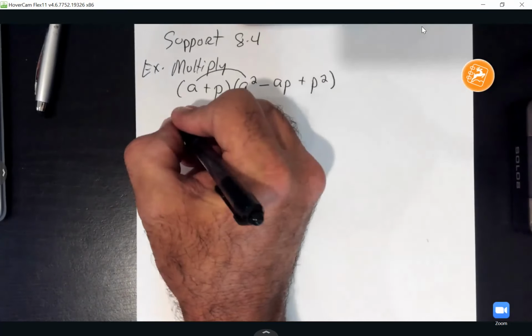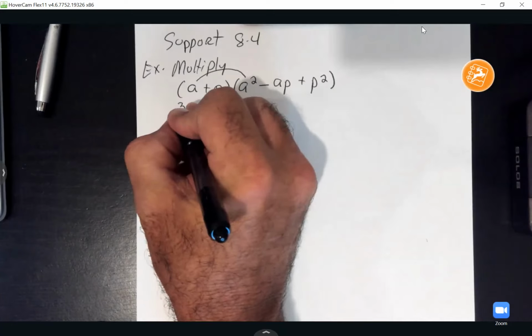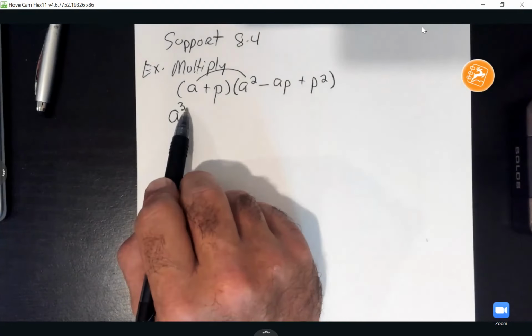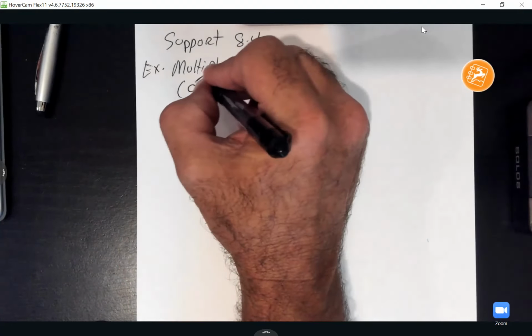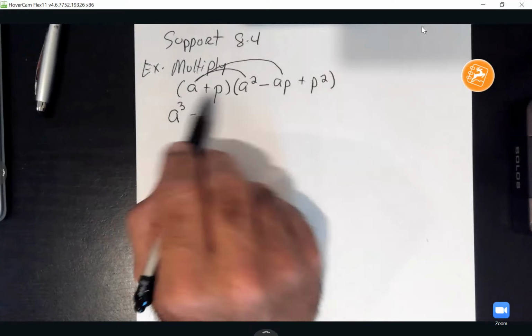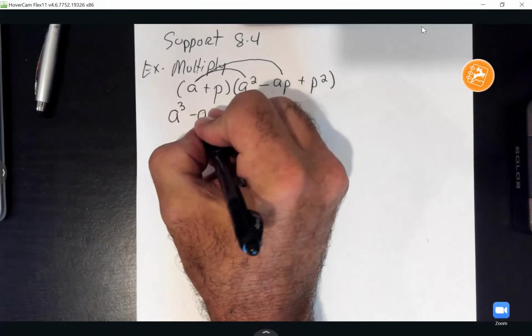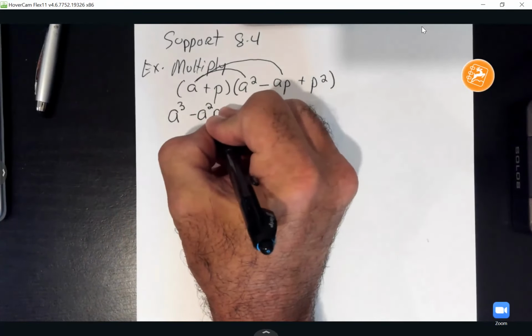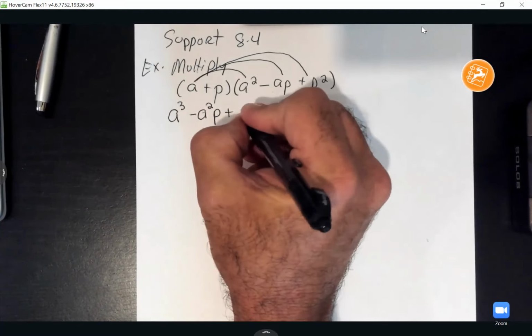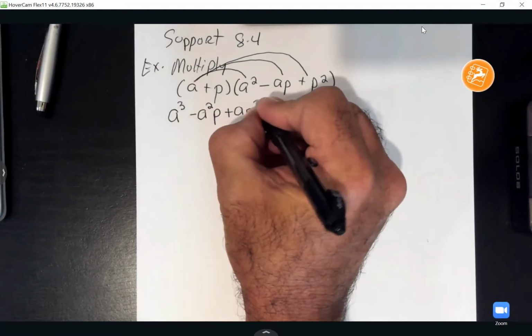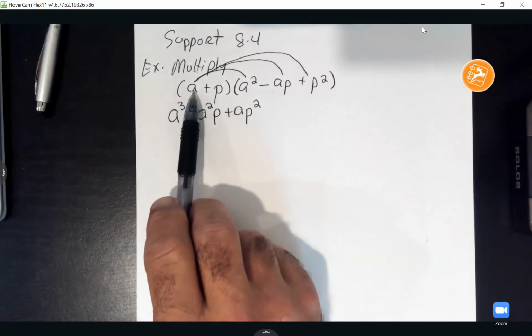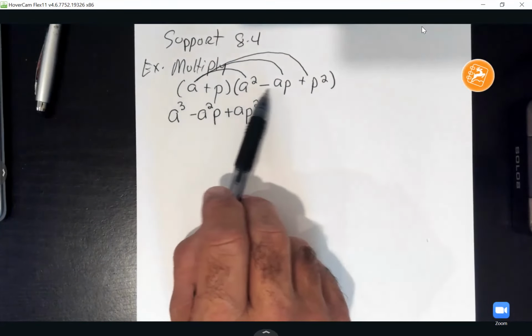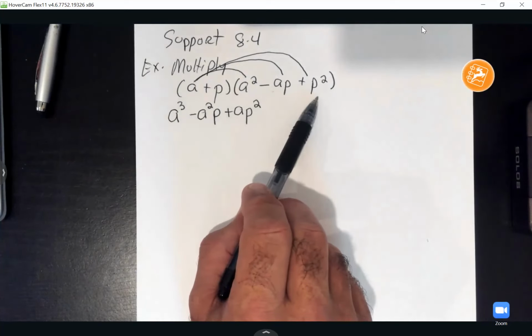A times a squared is a to the third. 1 plus 2 gives me 3. Then I'm going to do the a times that negative ap. That's a negative. The a times a gives me a squared, and then bring down the p. The a times the p squared is a positive ap squared. So notice, all we did, we added an a to all three of these terms.